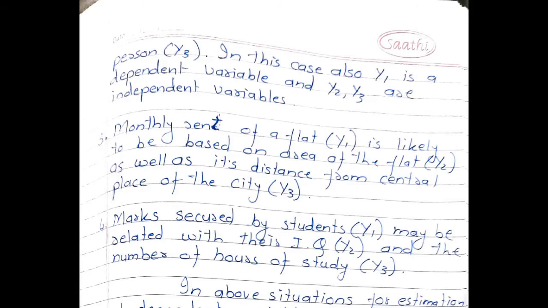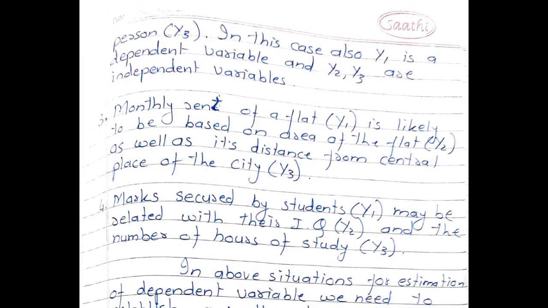Next example: monthly rent of a flat, y1, is likely to be based on the area of the flat, y2, as well as its distance from the central place of the city, y3. Next example: marks secured by a student may be related to their IQ, y2, and the number of hours of study, y3.